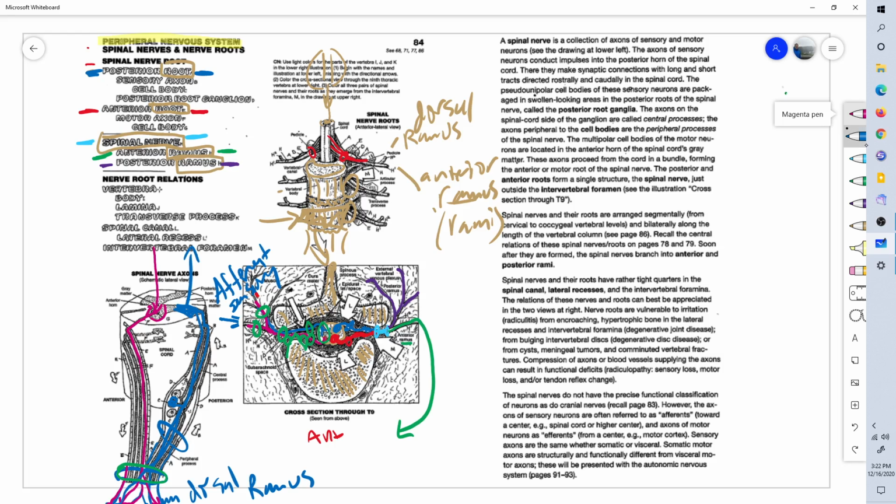And there can be motor signals coming from the anterior horn to go to the posterior part of the body or the front of the body. So the spinal nerve contains a mix. Notice this. The spinal nerve contains a mix of both sensory and motor neurons, whereas the roots contain only one or the other. And the rami also contain a mix.